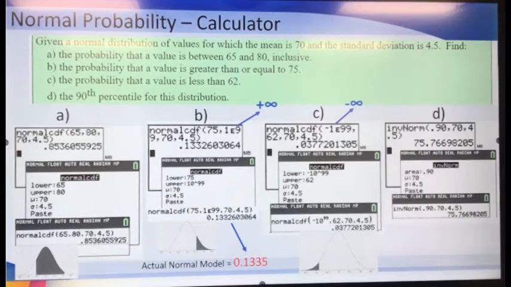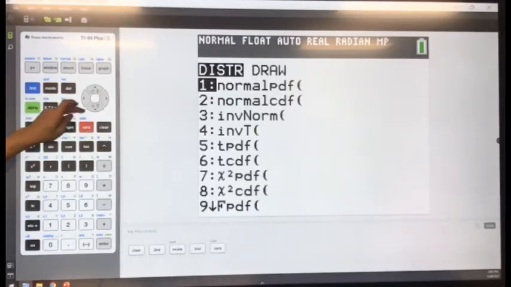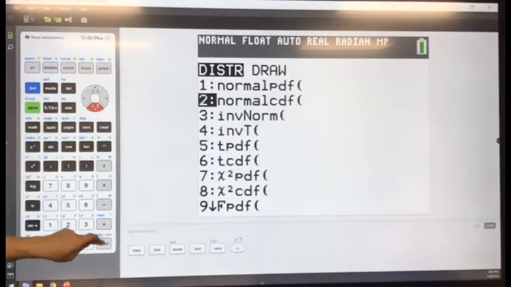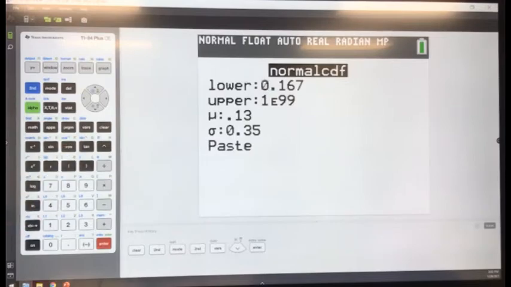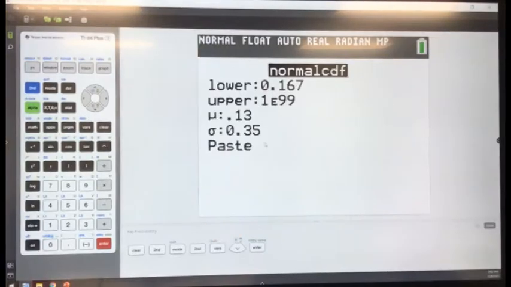So to put this in a calculator for B, looking for a greater than value, we'll go to normalcdf, second distribution, normalcdf. My lower is going to be my 0.167. My upper is going to be positive infinity, but to put positive infinity in the calculator, we need 1E99.